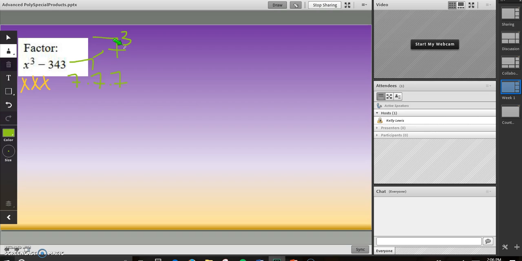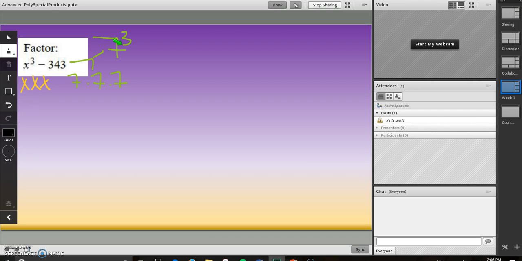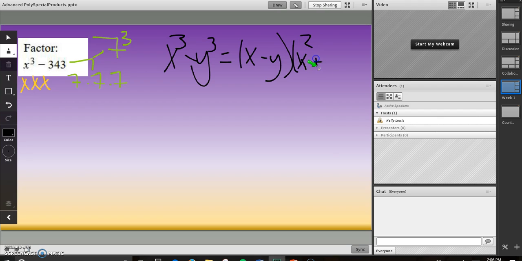Okay, so we're going to follow our pattern, and it's a minus sign. So I'm going to do x cubed minus y cubed equals x squared plus xy plus y squared. All right, there we go. This says just take x, because x cubed is x times x times x, minus this guy, just a 7.